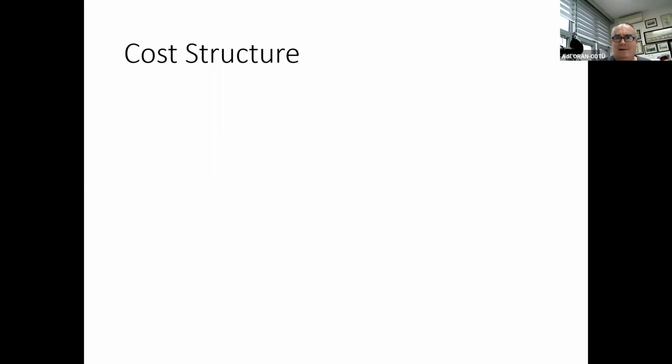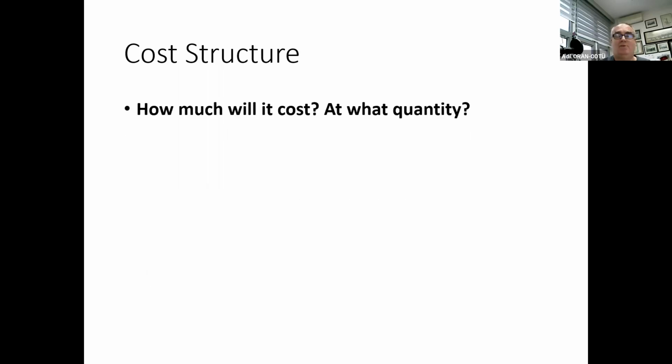Well, at first, obviously, we have to determine how much it is going to cost us to produce those goods or provide those services. Also keep in mind that the cost of the initial one that you produce, or the prototype cost, or when you're producing at very low volumes, may be significantly different than the cost that you will have when you start producing in large quantities.